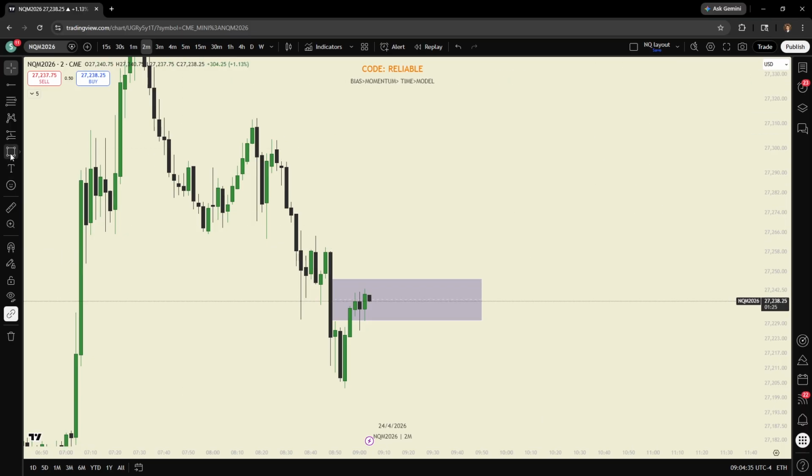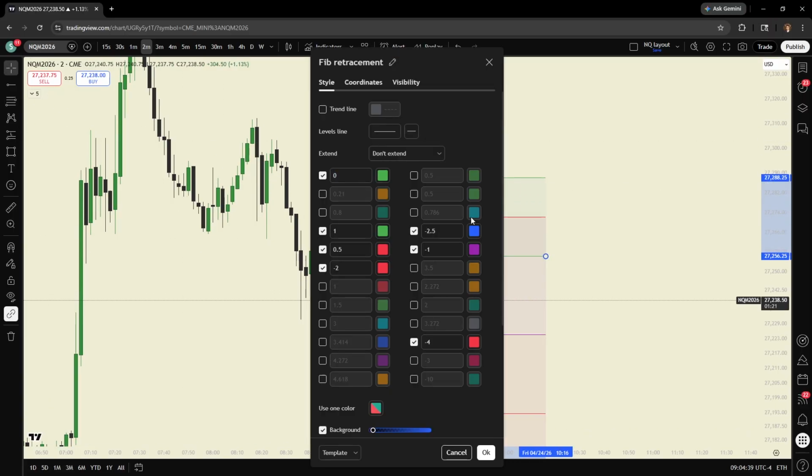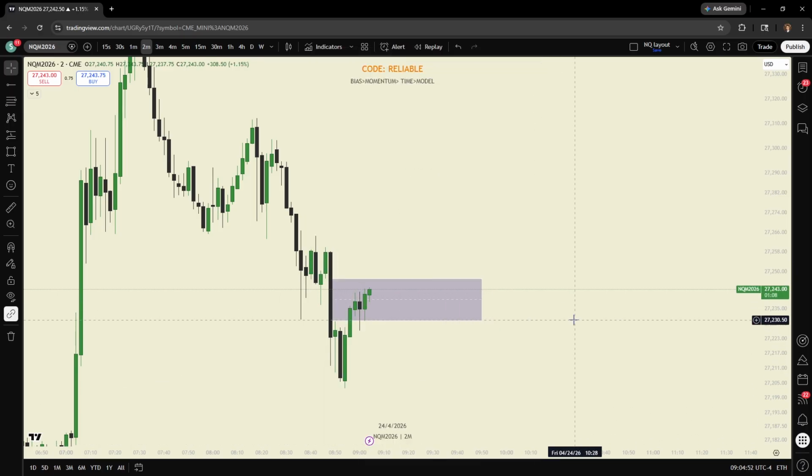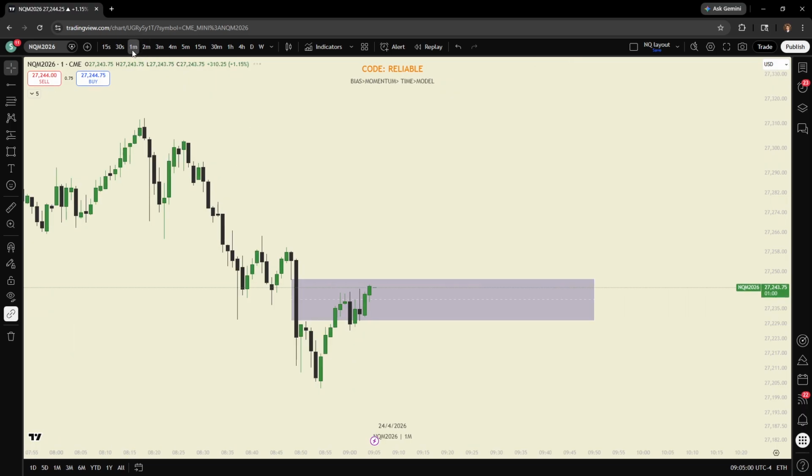I show my fib settings, sure. Another reason why I wouldn't take this unfunded is because the momentum is pretty slow here.